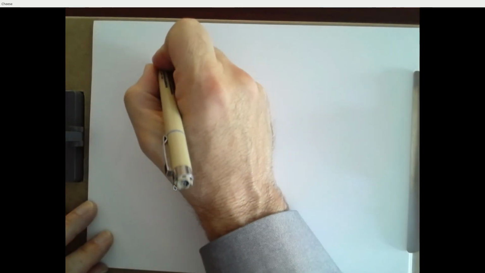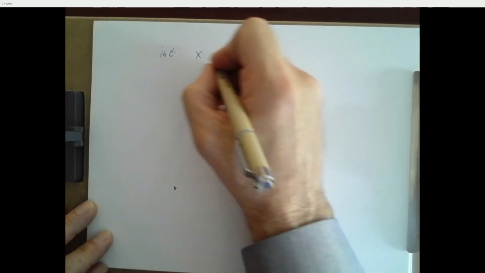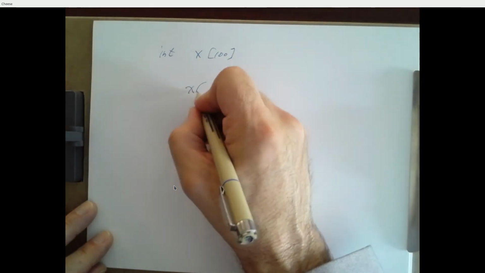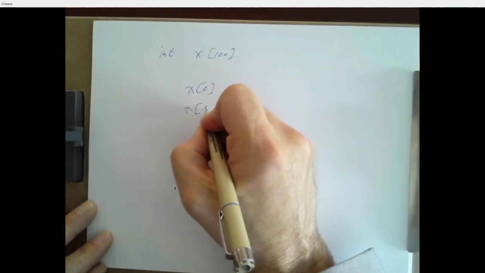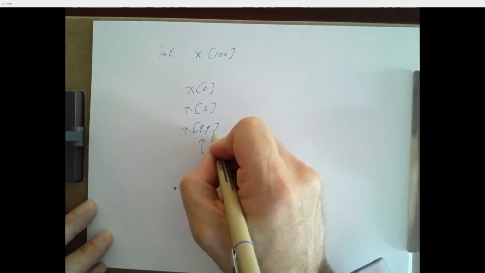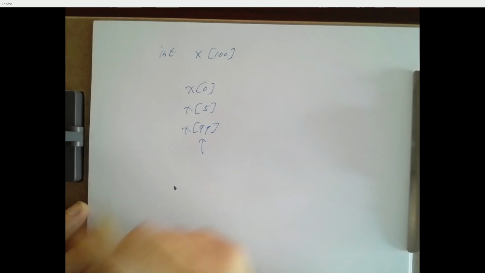And just to go on the computer science angle of this, what this means is that we can start to think of these as super arrays. Now, a normal array, if we have an array called X, how do we index this? We say X bracket 0, X bracket 5, X bracket 99. These indices are integers, starting from 0 going up to the size of the array minus 1.